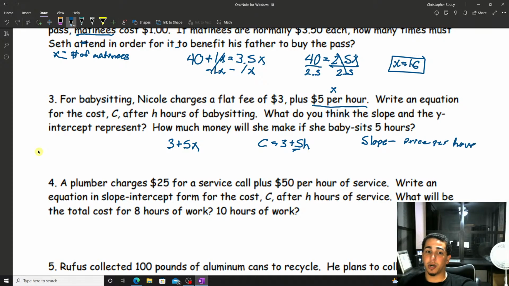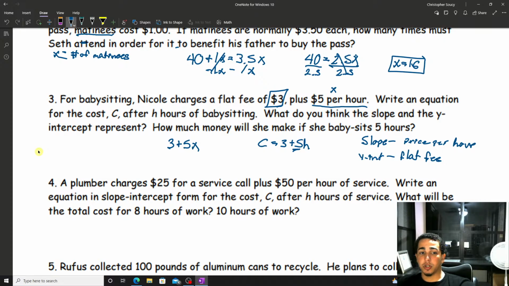Remember, whatever has per hour or is a rate is what gets the variable, and this represents our slope. The y-intercept is the flat fee of $3. Since Nicole only charges $3 one time, that's a flat fee, and that represents our y-intercept.